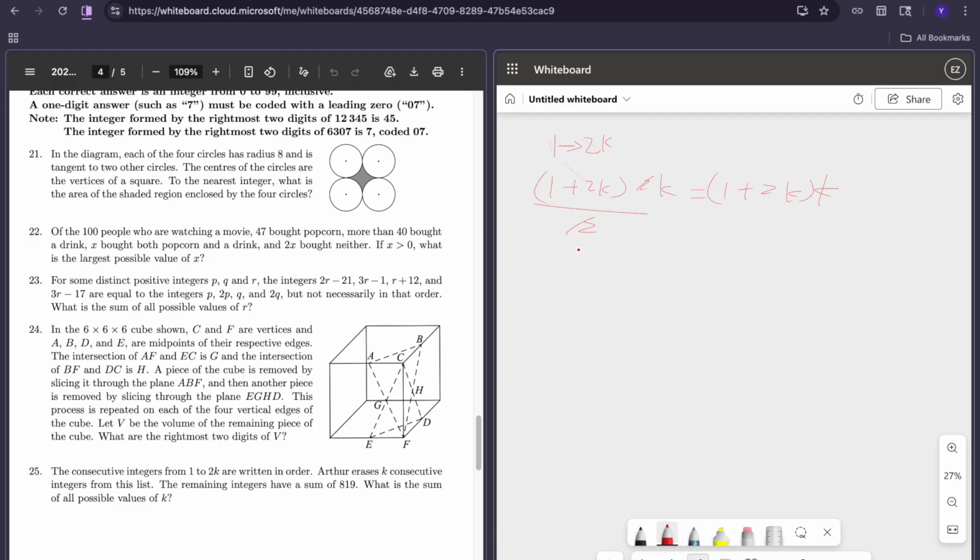And for the k consecutive integers erased from this list, we say the first integer we choose is x, where x is bigger or equal to 1, but smaller or equal to k plus 1.